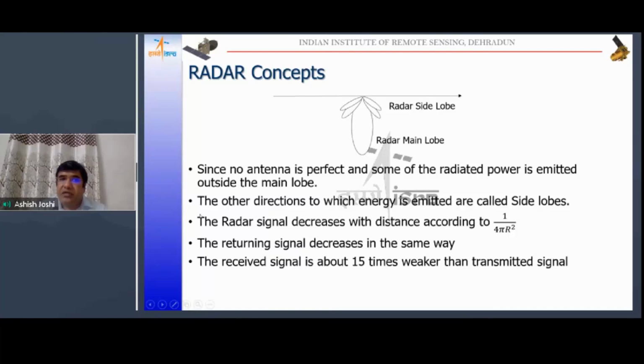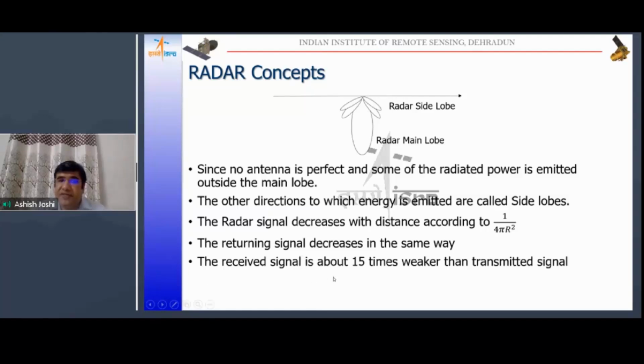The radar signal decreases with distance according to 1 by 4 pi r square. So when the radar signal travels through space, its energy decreases by the formula 1 by 4 pi r square, and in the same way, when it is returning, it also decreases by 1 by 4 pi r square.